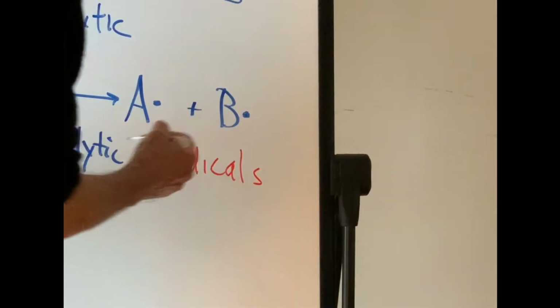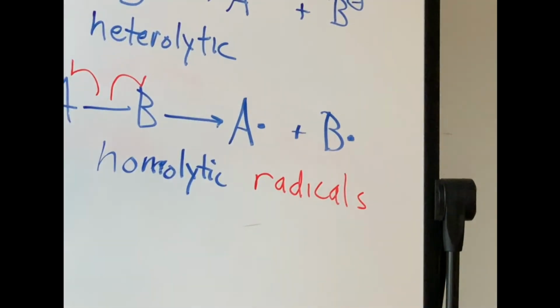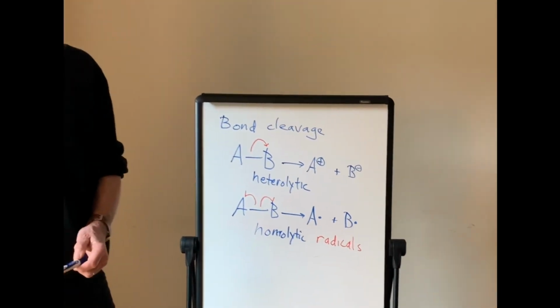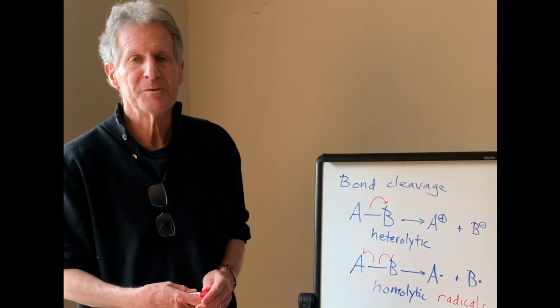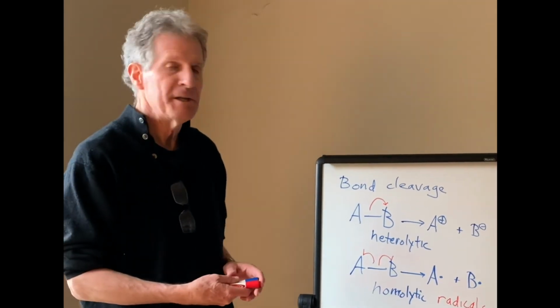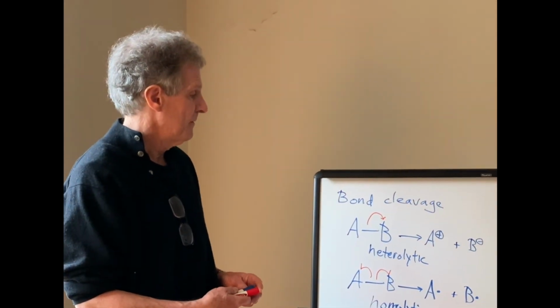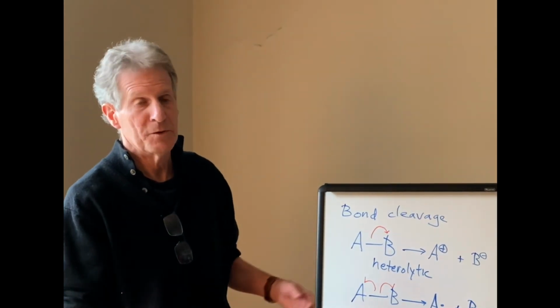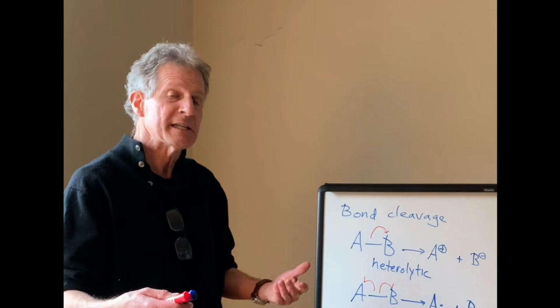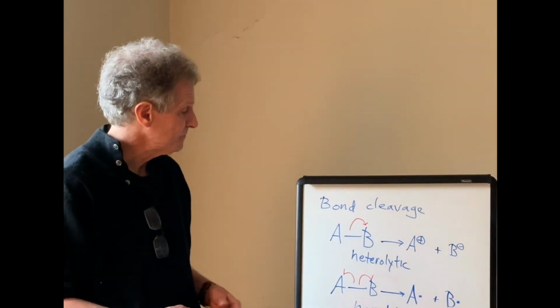There are two here, an A radical and a B radical. Any chemical species that has an unpaired electron is called a radical. It's an unusual use of the word, but in chemistry it's a real word, and every chemist in the world knows what that means. It means a chemical species that has an unpaired electron.